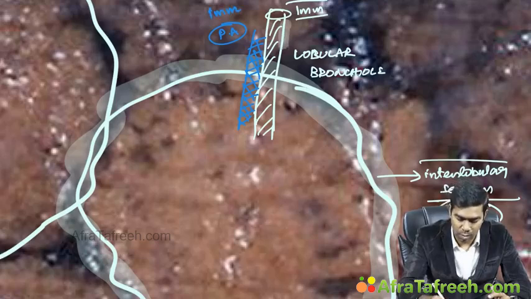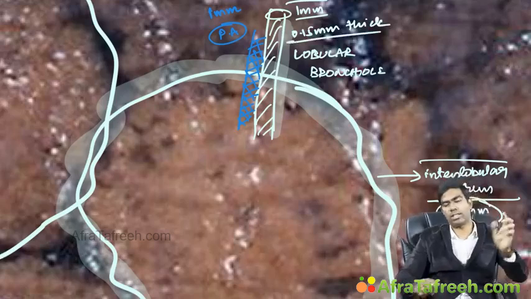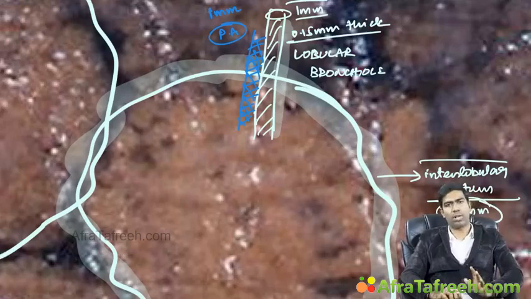The wall thickness of this lobular bronchiole is approximately 0.15 millimeter. Remember, the diameter is different, the wall thickness is different. Diameter is 1 millimeter, but the wall thickness is 0.15 millimeter.